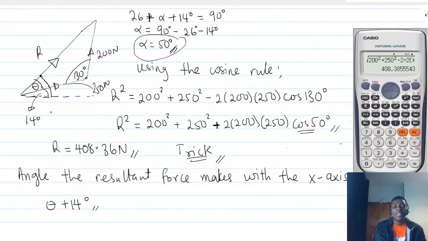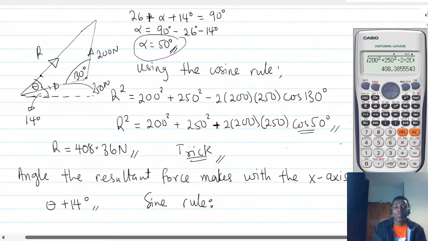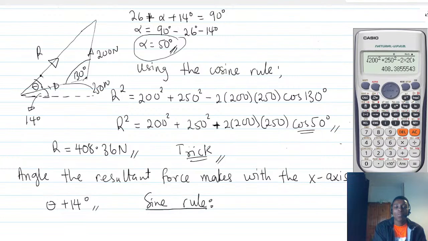So first of all, let's find theta, then we add it to 14. So we are going to use the sine rule.